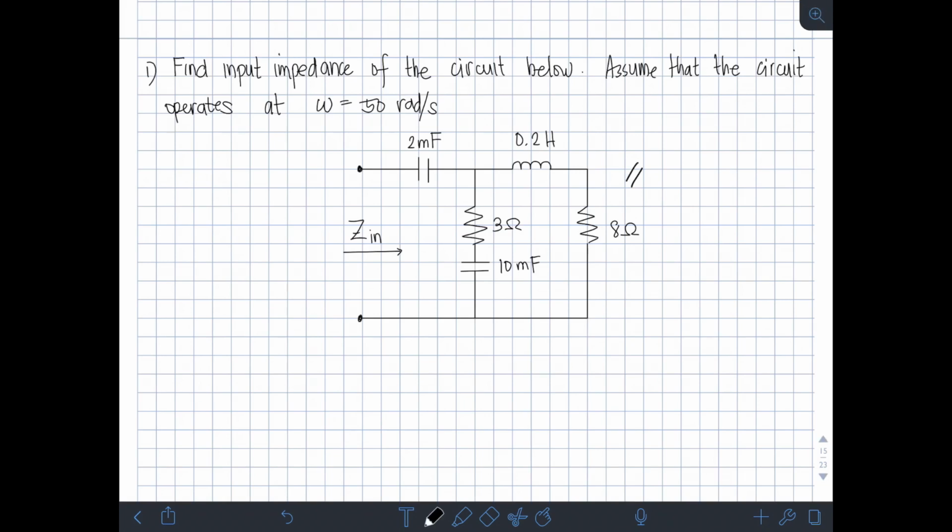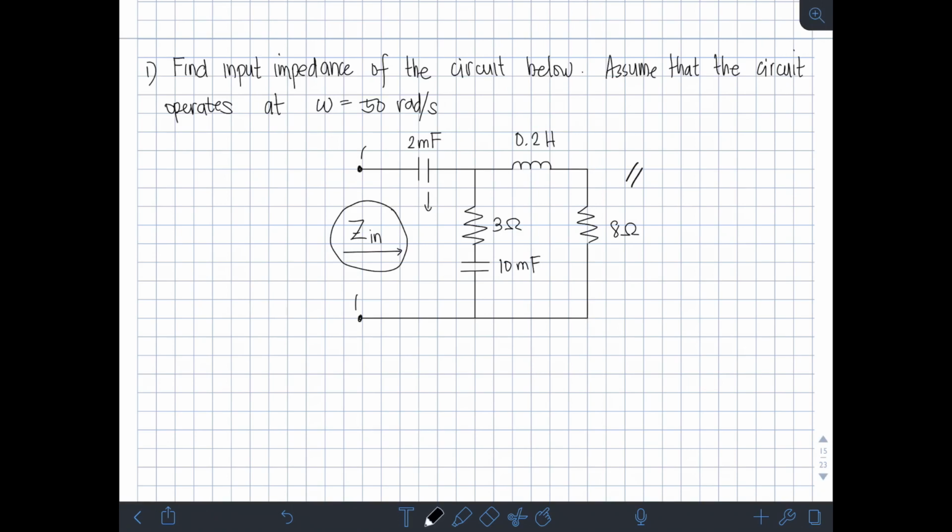So, this is our circuit. We need to find the input impedance across these terminals. Whenever we consider AC circuits, we transform all our passive elements into their impedance form. So, let's start with the 2 millifarad capacitor.